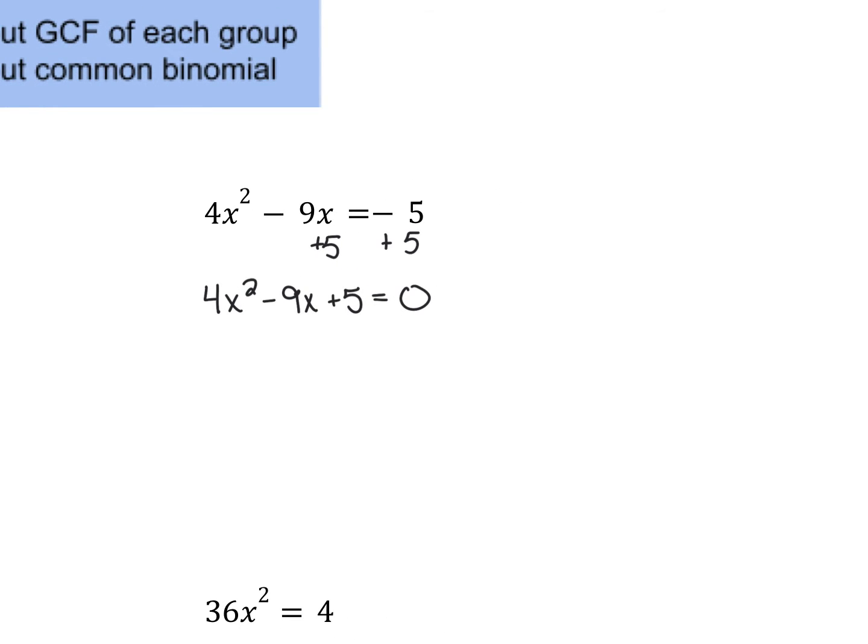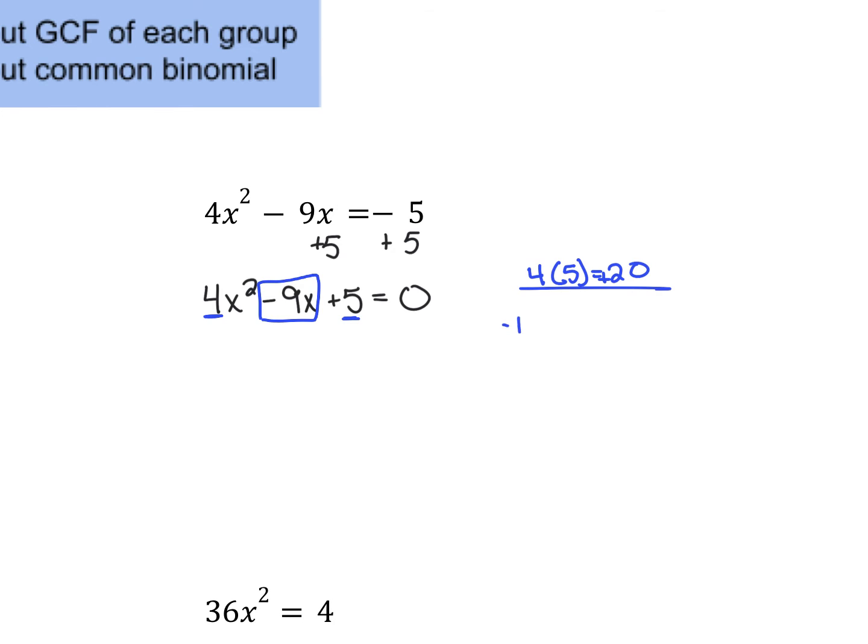Remember, when I have a trinomial, I take my a times my c, so I can factor it. It'll give me 20. I'm going to find the factors of 20, and I want them to add up to negative 9. So if I have a negative 9, and it's a positive over here, I know I want both of them to be negative.